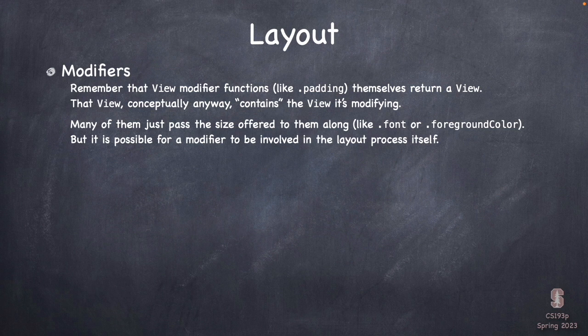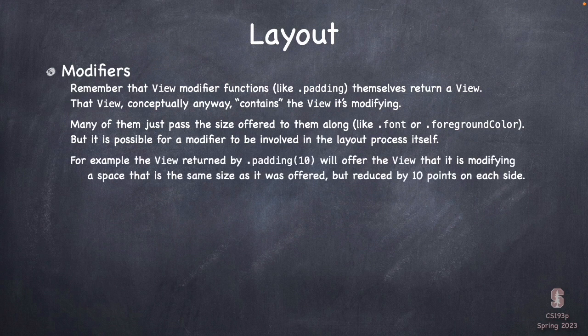Because they don't do anything. But other ones like padding, they actually change the space that's available to the thing. If I put padding around a text, now the text has less room to put itself in. So you can think of padding as a simple little layout thing that takes the space offered to it, scrunches it in a little bit, and then offers that space to the thing inside.